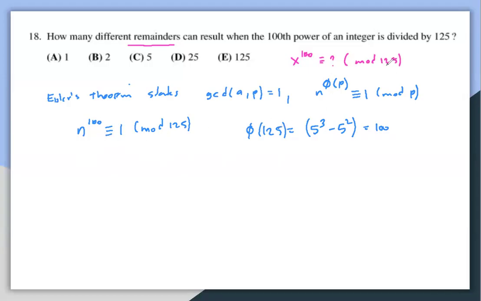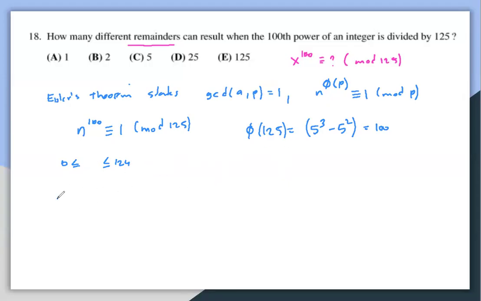We have 125 remainders, 0 through 124, but of those 125 numbers, 100 of them will give us the same remainder, which is 1, because any number relatively prime to 125 gives us 1.